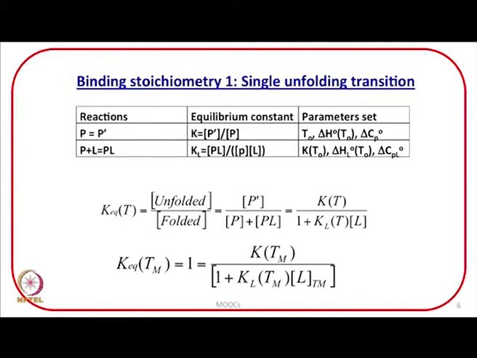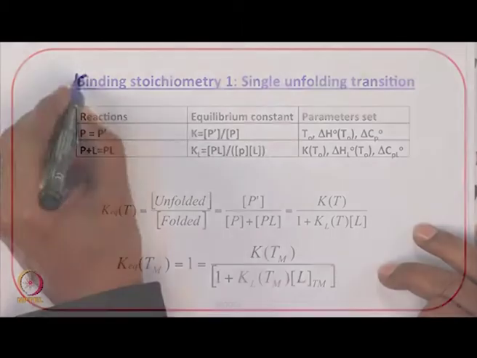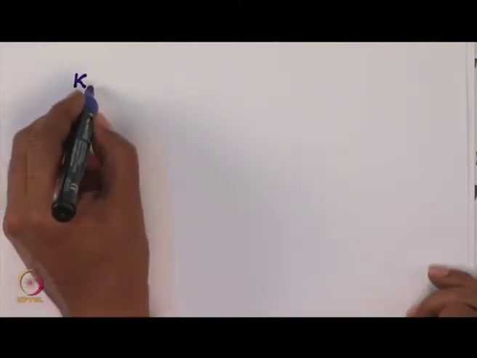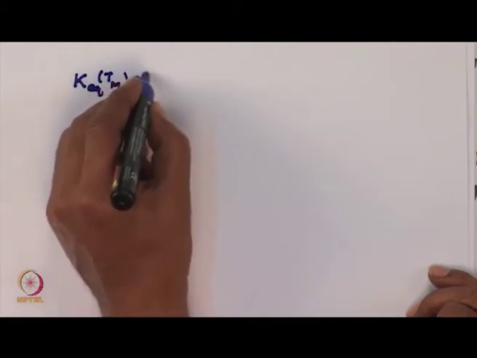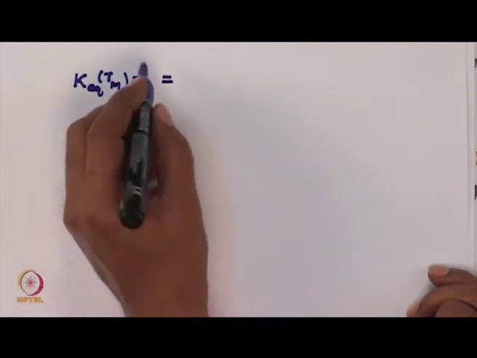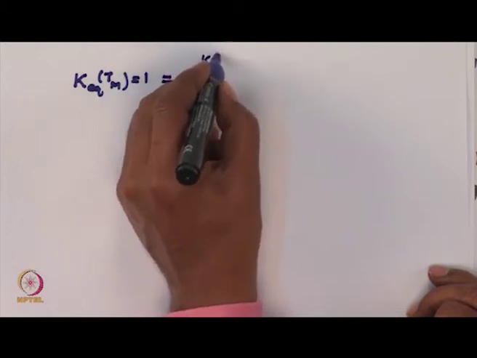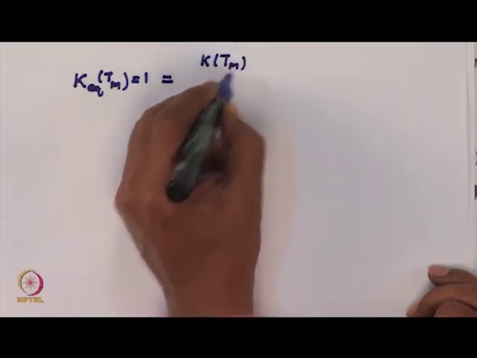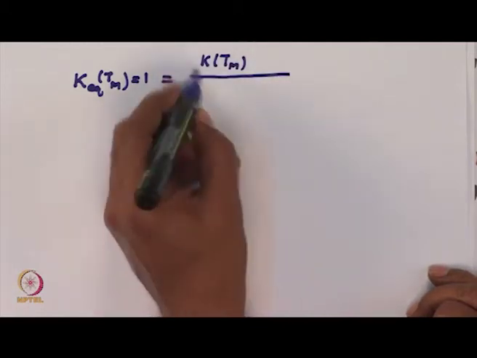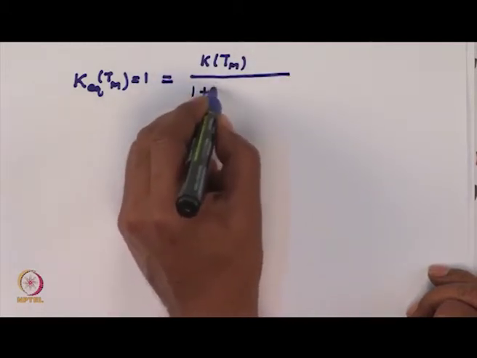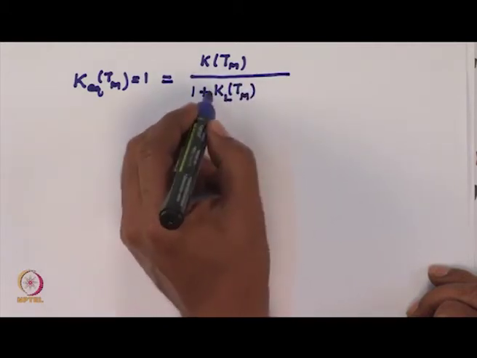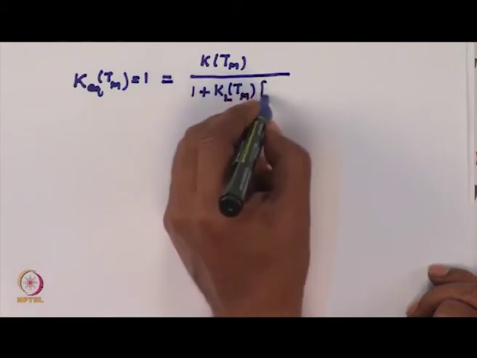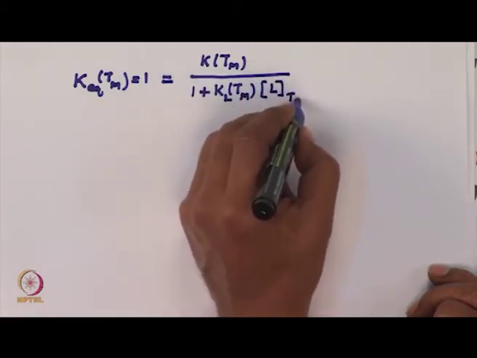What we have derived is that K equilibrium at Tm is equal to 1, and we have shown that this is equal to K at Tm divided by 1 plus Kl at Tm into concentration of the ligand at Tm.